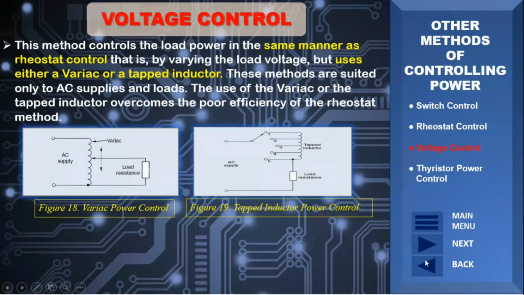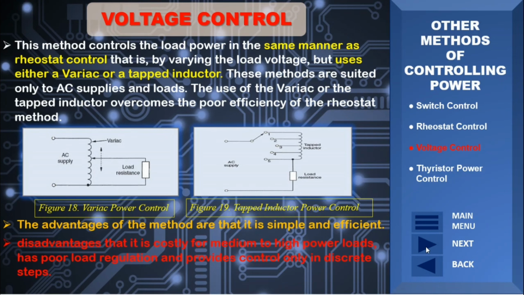The advantages of these methods are that they are simple and efficient, while the disadvantages are that they are costly for medium to high power loads, have poor load regulation, and provide control only in discrete steps.